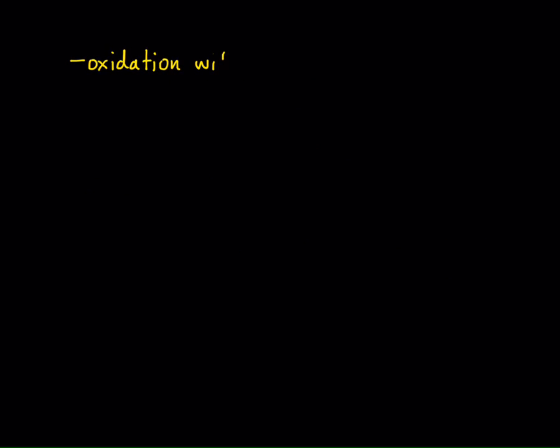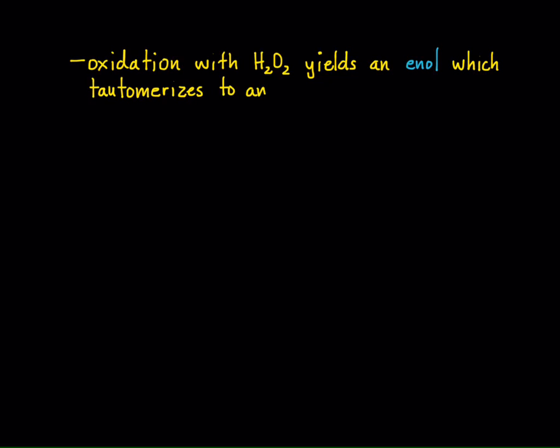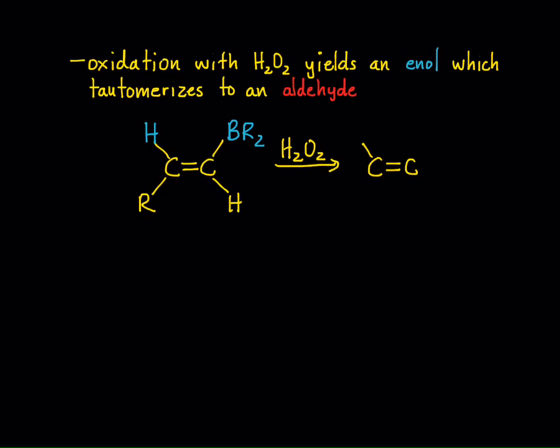Now, when I oxidize that alkylborane with hydrogen peroxide, it yields an enol. That enol then tautomerizes to an aldehyde, right? So if I start with this alkylborane, I add hydrogen peroxide and sodium hydroxide and water, I get an enol, so I've removed the boron and I've replaced it with an OH, so now I have an enol.